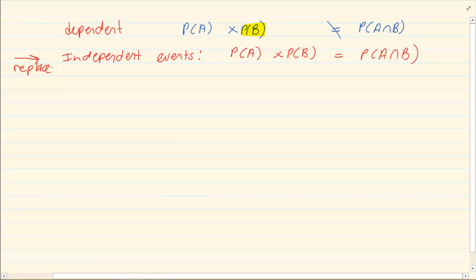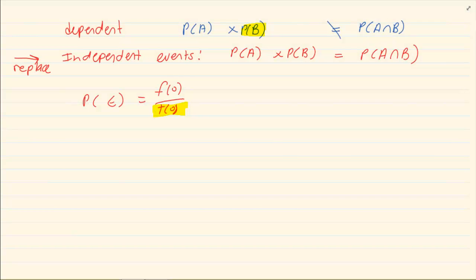So if I'm having different color balls and I take out one ball, when I'm done I put it back. When you're working with probability, you have your favorable outcomes over your total outcomes. What you would notice when they are dependent is that the denominator tends to decrease as you go through the events. So by the second event, the denominator is not the same as the first event.